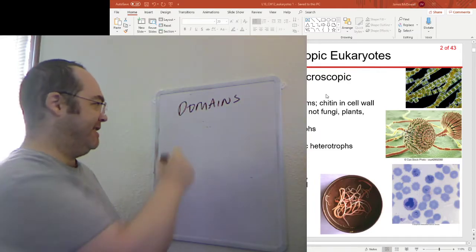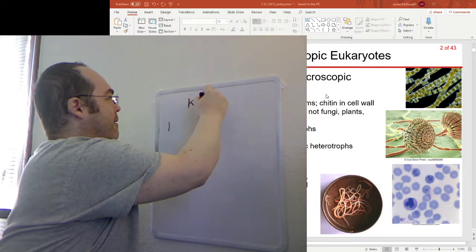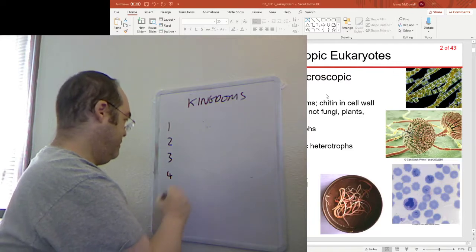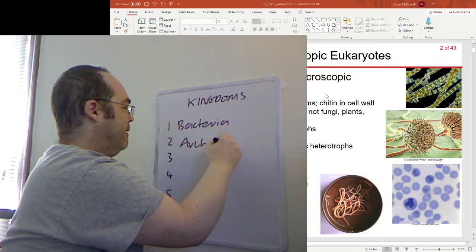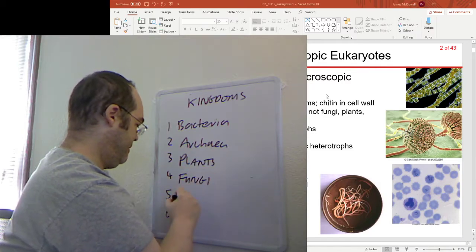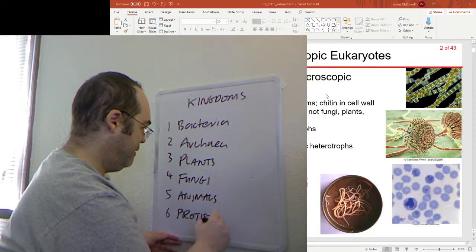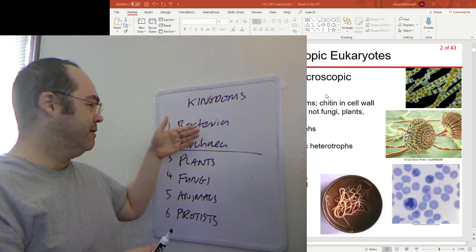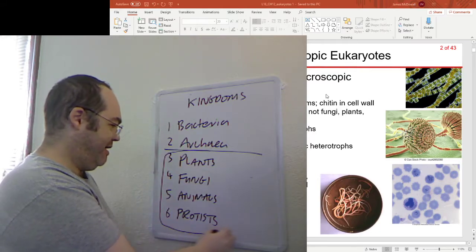So if we were to write out our 6-kingdom system, we have our two, what you might call prokaryotic kingdoms, or indeed our two domains, and our third domain here is split up into 4 pieces.